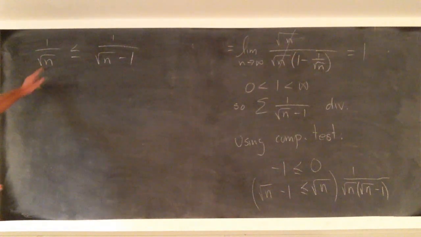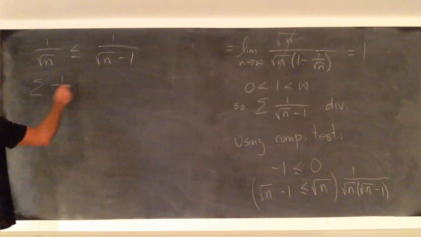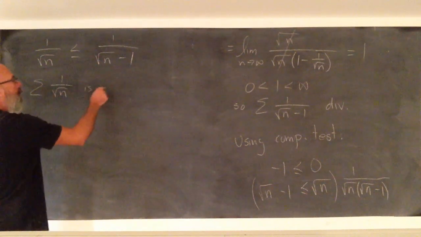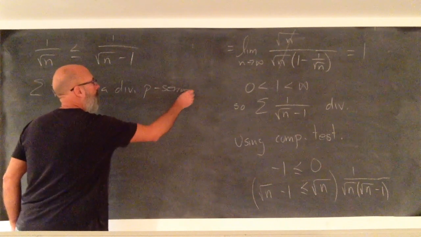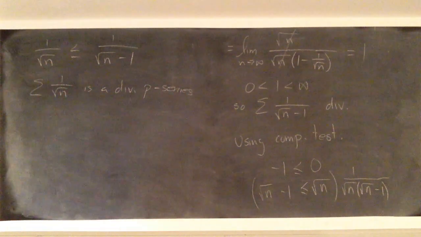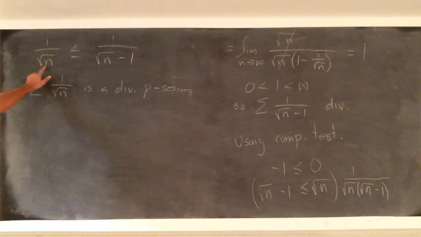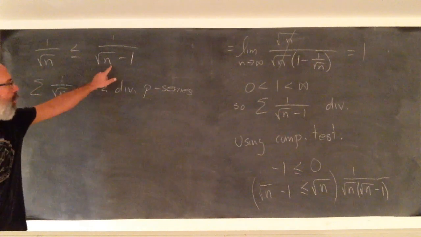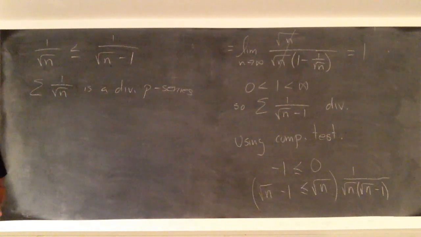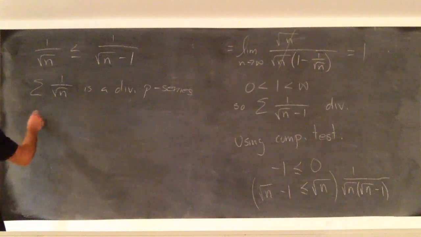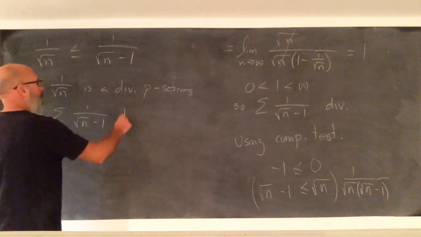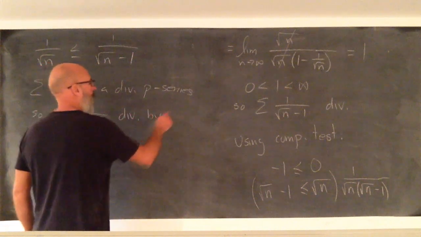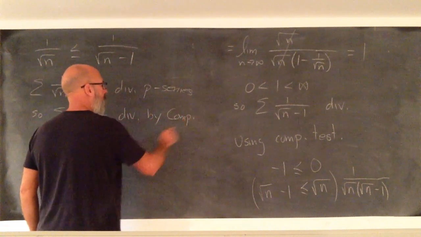But now, 1 over root n is a divergent p series, as we noted before. So the smaller series diverges, so the bigger one diverges as well by the comparison test.